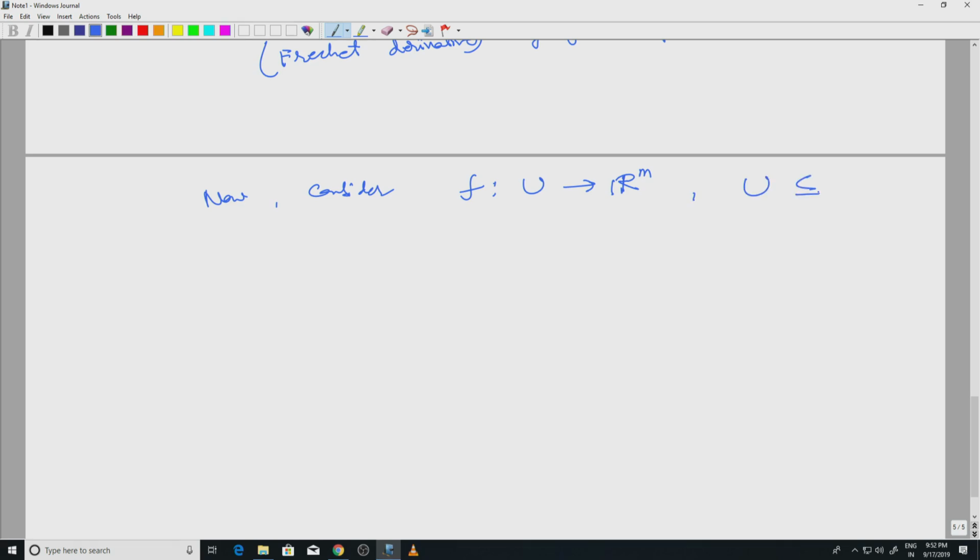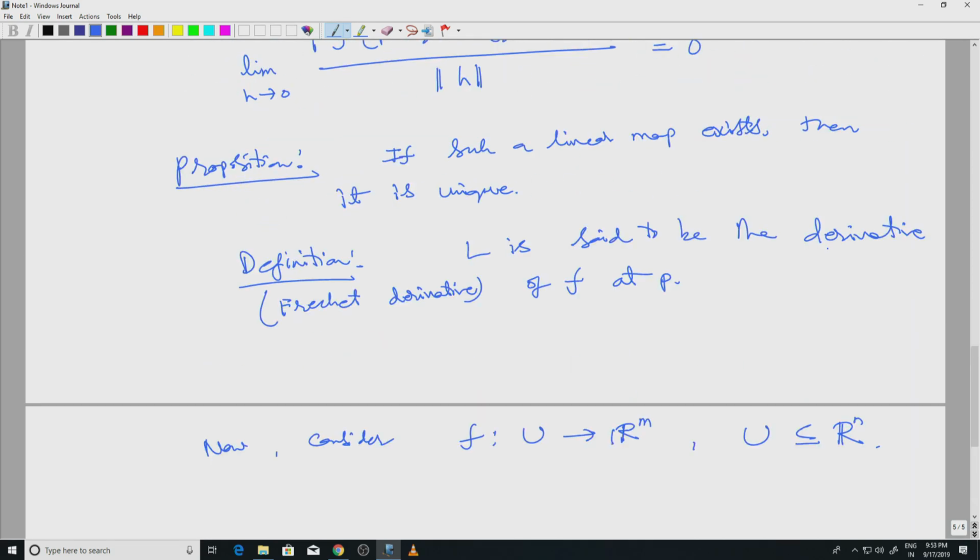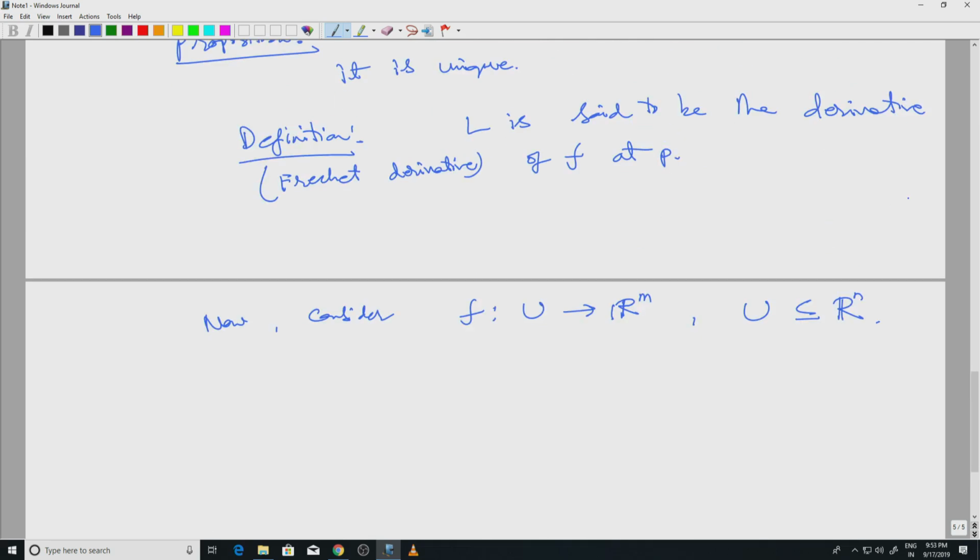Again, as before, U is an open set in Rn, and the target instead of being R is another Euclidean space Rm. Well, there are two ways at this stage. There are two ways of defining differentiability of f at P. Let P belong to U.